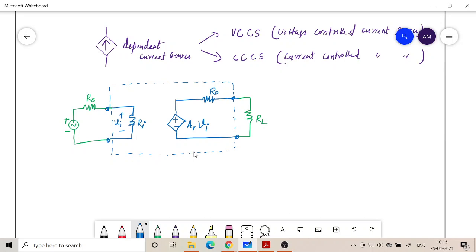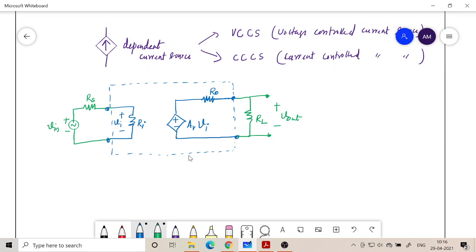So we are supplying an input voltage, say the value of the input is V in. Here it is Vi, here it is V in, and here we look at the output, which is V out. So we are taking this model, applying some input and putting a load resistance to take out the output.